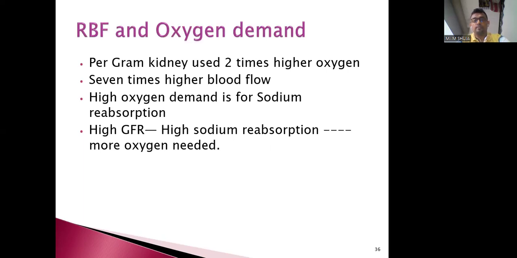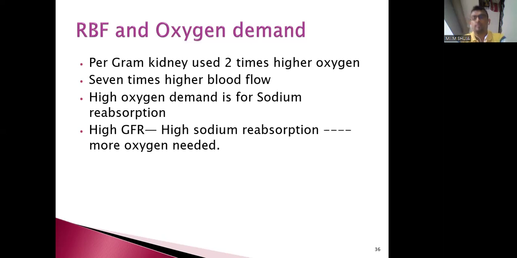Per gram kidney, your oxygen use is 2 times higher than other organs. It has a 7 times higher blood flow. High oxygen demand is mainly for the sodium reabsorption at your nephron level. So when there's a high GFR, there's a high sodium reabsorption, more oxygen is needed.